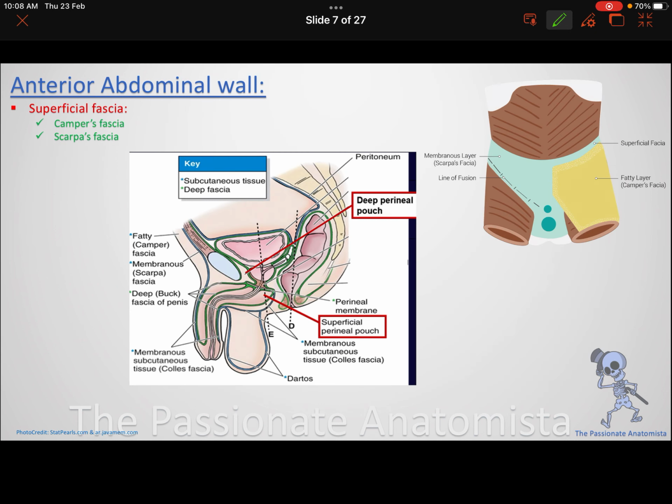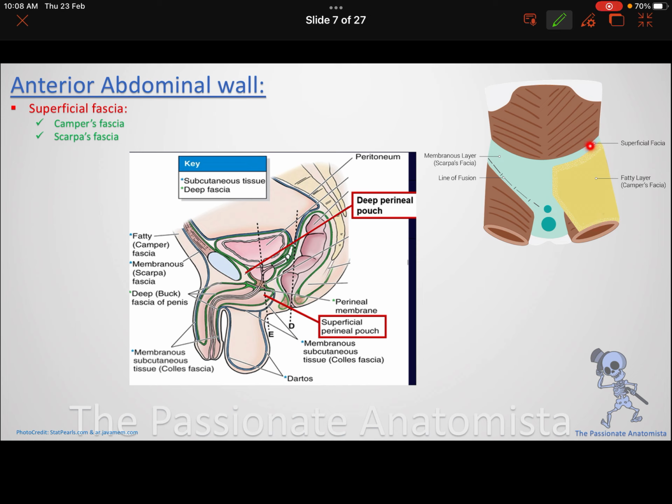Before we talk about the rectus sheath and the change in that, you guys need to understand that Camper's fascia, which is a superficial fatty layer, is continuous with the perineum and the thigh. It's a fatty layer.